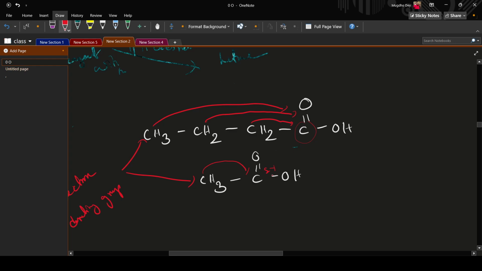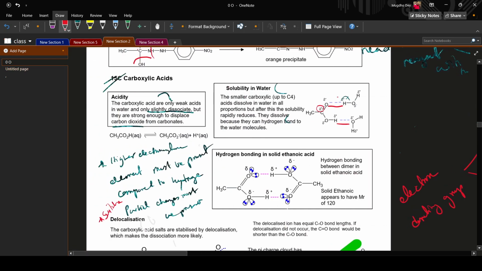Traditionally it is supposed to be partially positively charged, but due to the presence of these greater number of alkyl groups, this becomes negatively charged. Since this becomes negatively charged, this one becomes positively charged because electrons move out from here to the bond.